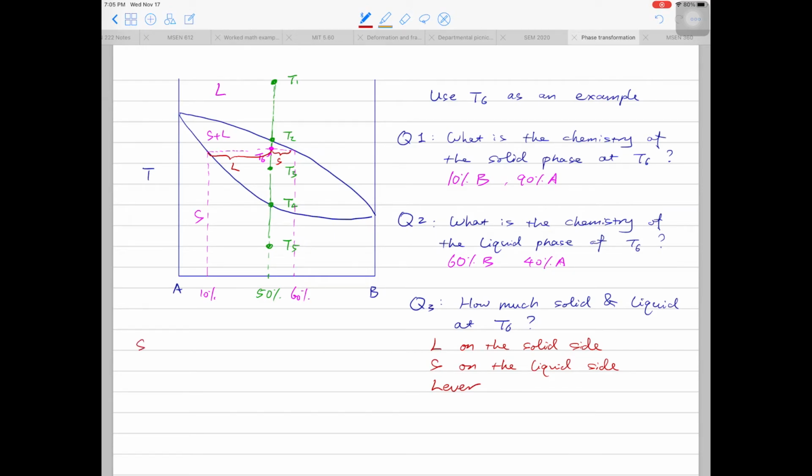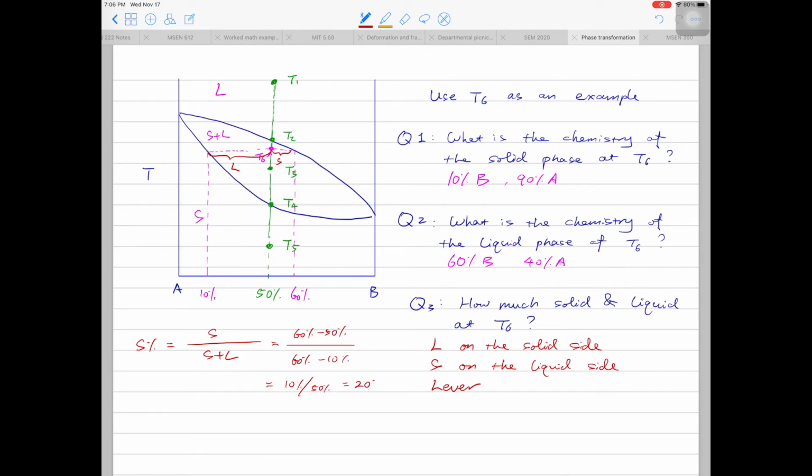The mass fraction of the solid phase is simply S divided by S plus L. The length of the segment for S is simply 60% minus 50%. The length of S plus L is simply 60% minus 10%. The rest is easy. That's just simply 10% divided by 50%. You get 20%.